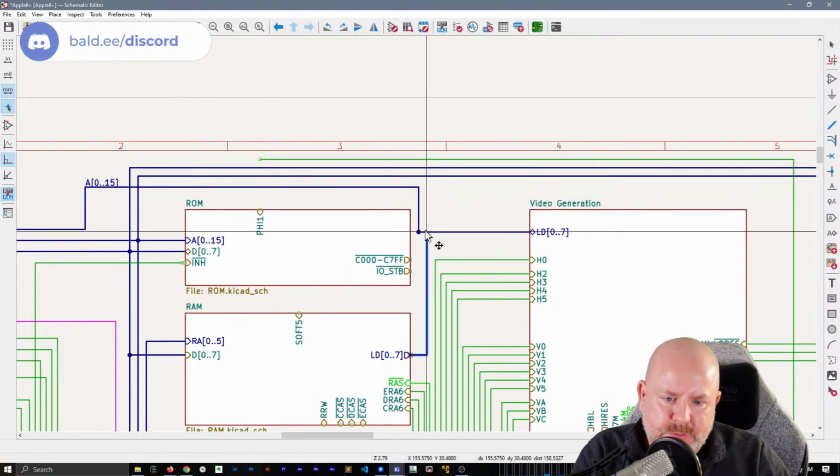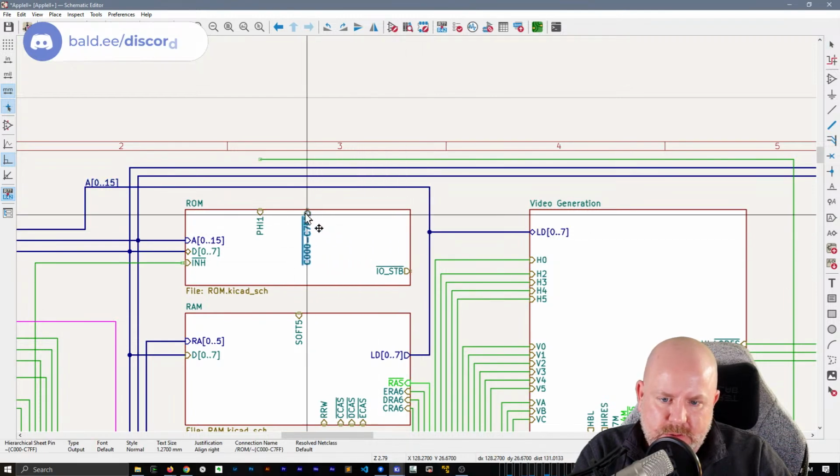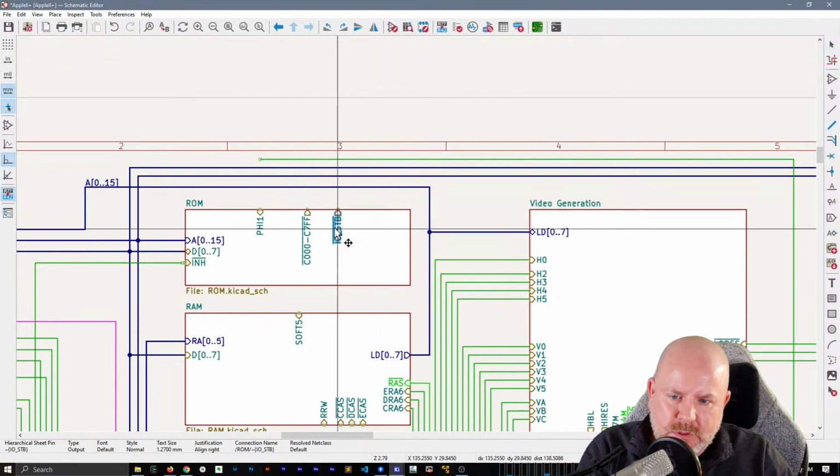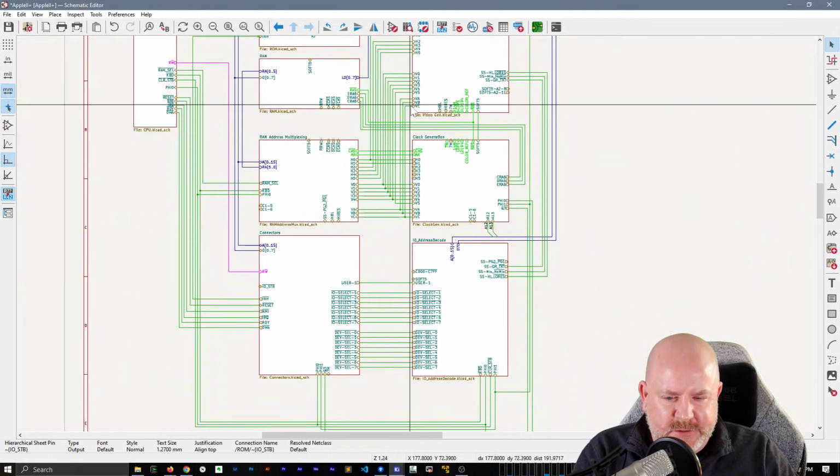Okay, so let's do this. Let's bring this over here. Let's bring this over here. Let's bring all of these up here. So I need to get those two signals to the slots, correct?